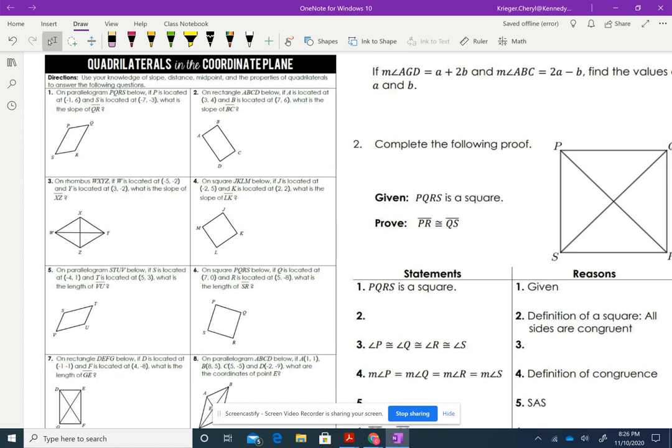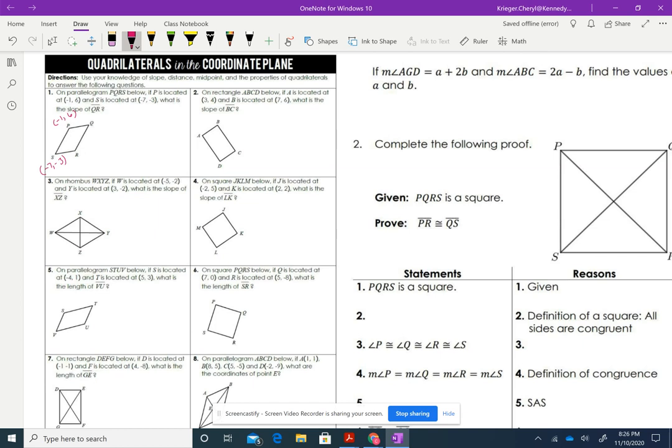So number 1 says, on parallelogram PQRS, P is located at negative 1, 6, and S is located at negative 7, negative 3. What is the slope of QR? Okay, well, what do we know about parallelograms?